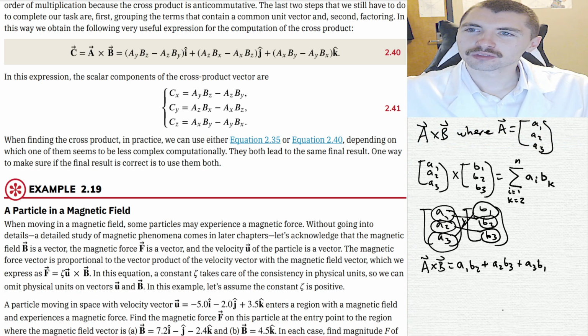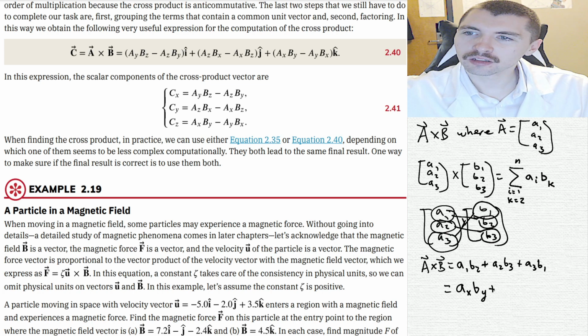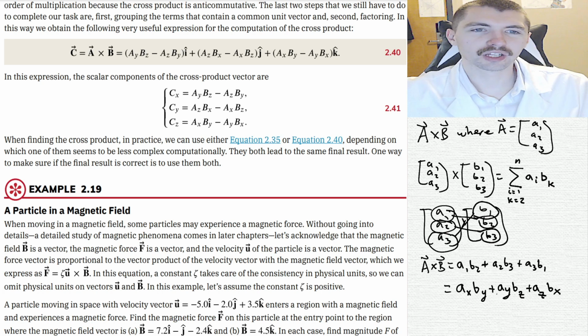So if I change these to x's, this might be described as ax by plus ay bc plus az bx. I wonder if that would make sense.